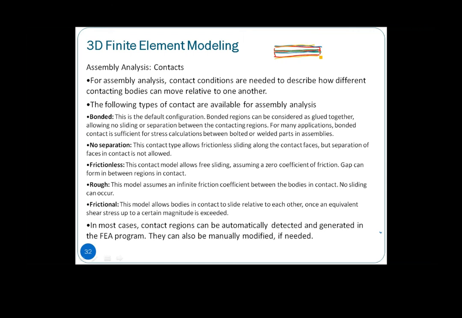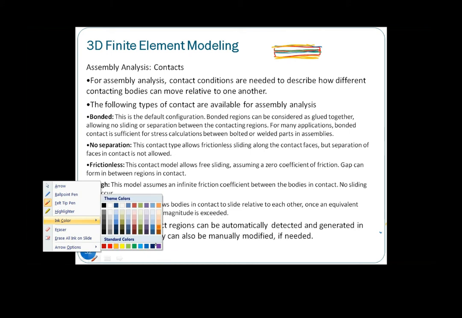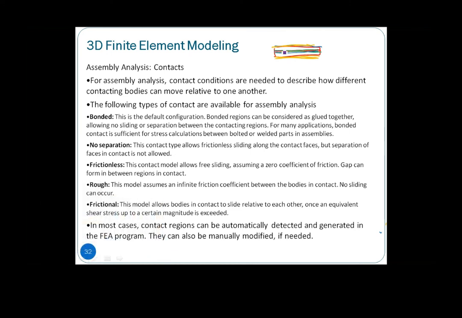If that is the case, you have to make sure you remove the bonded contacts of this and that, and ensure you only have bonded contacts at these two surfaces. That is something you have to take note of. Sometimes it is over constraints, so later on it will affect your accuracies.